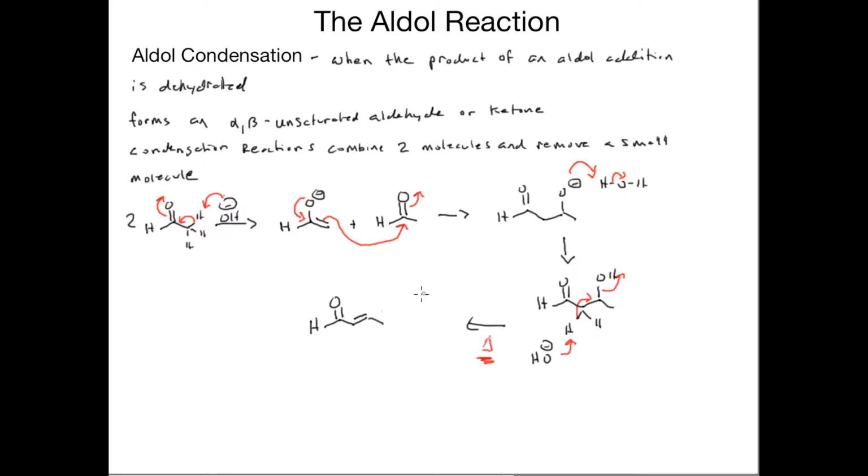However, the way that I have it drawn is not exactly the best mechanism for this. So a better mechanism for this elimination, if you think back to Organic 1, is the E1CB mechanism. And let me just show you what this guy looks like.